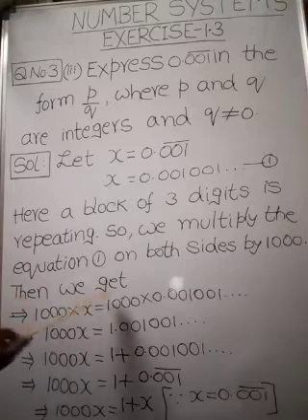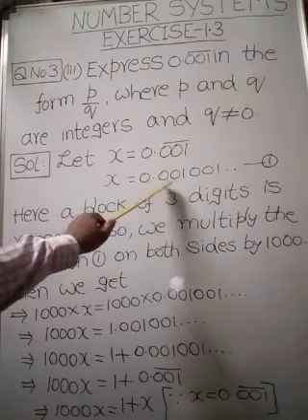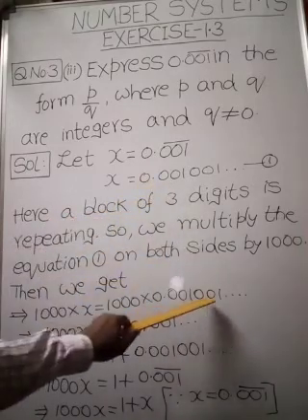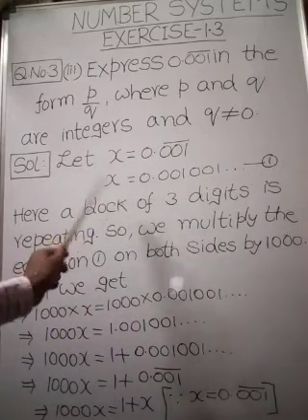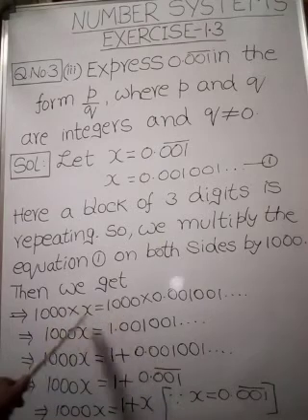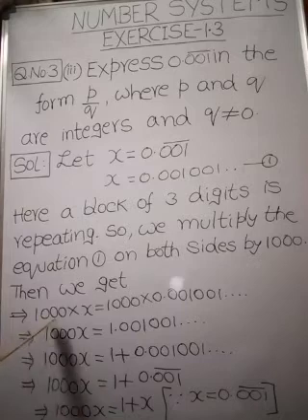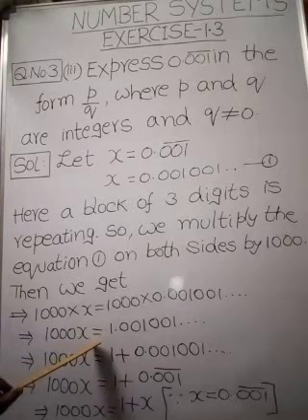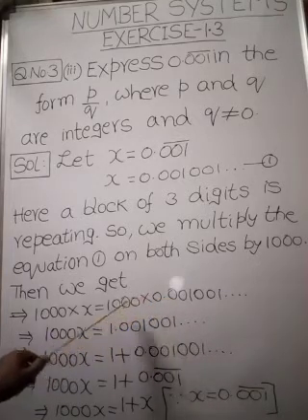Right. Then we get 1000 into x is equal to 1000 into 0.001 and so on. In this equation, we are multiplying on both sides by 1000. Then we get this equation. Understood, my dear children? Right. This implies 1000x is equal to, here we are multiplying this decimal number by 1000.